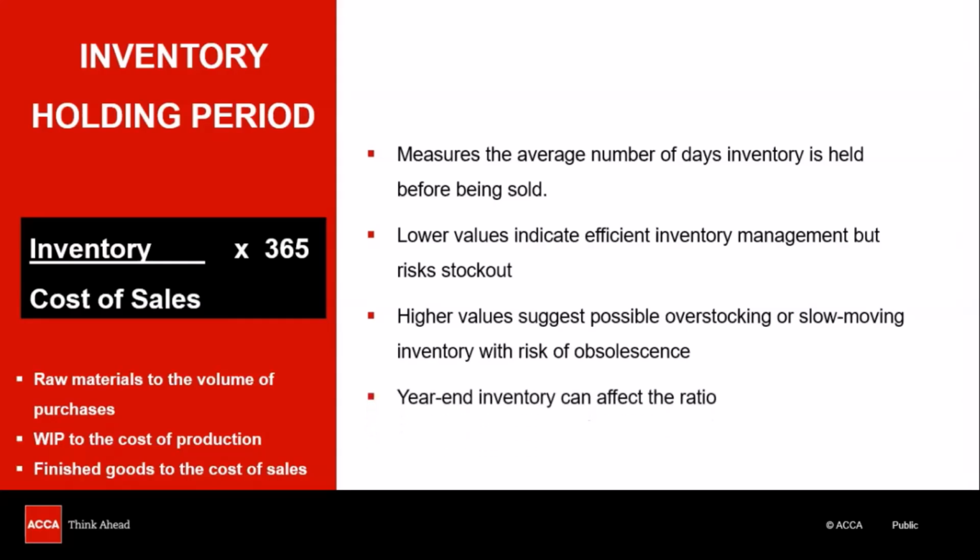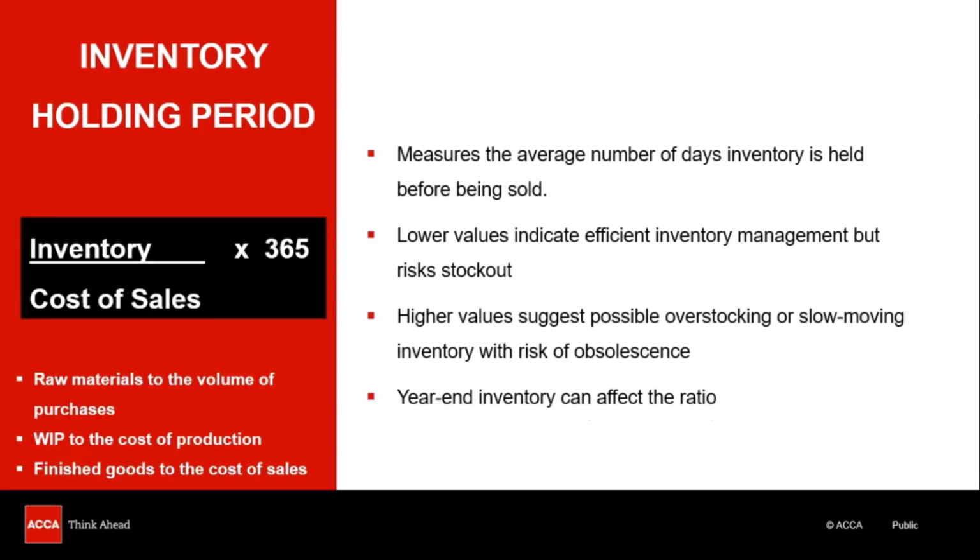A very interesting point over here is that there is always a margin of manipulation or a margin of error also. Because when we say that you take inventory, normally we take the closing inventory, so the inventory which was there at the reporting date. That might not be a reflection of the inventory which was held in the business throughout the year.